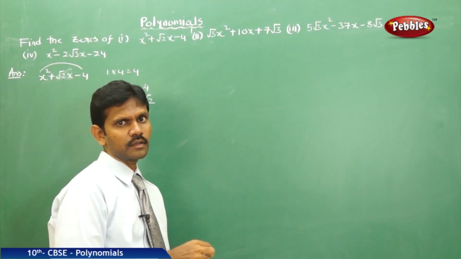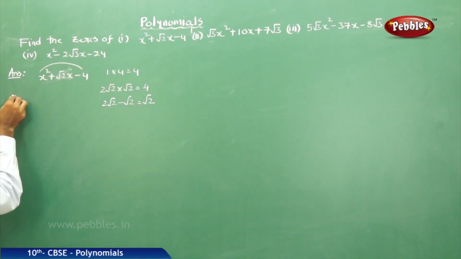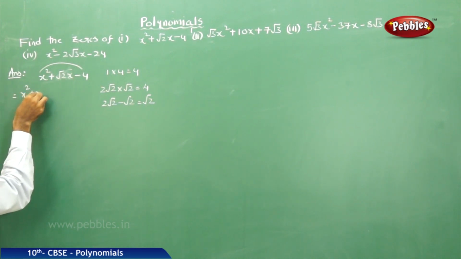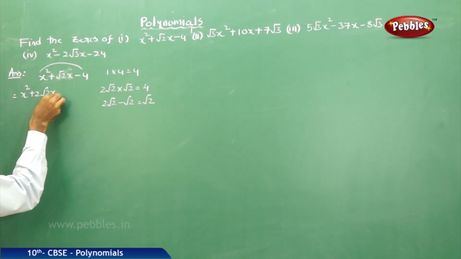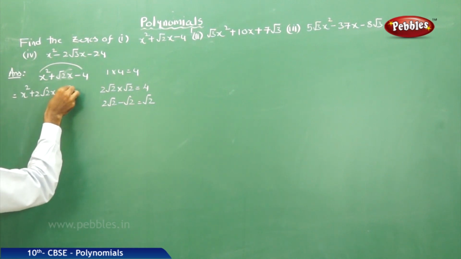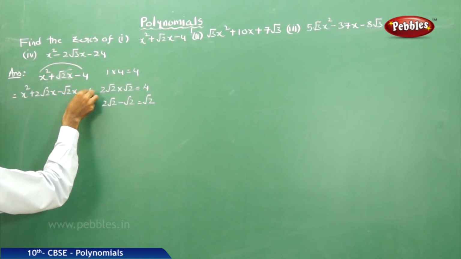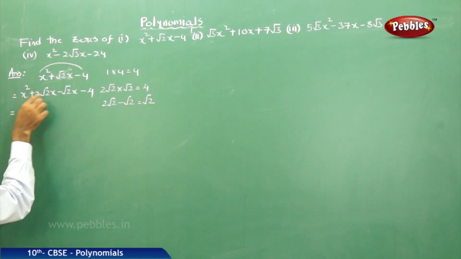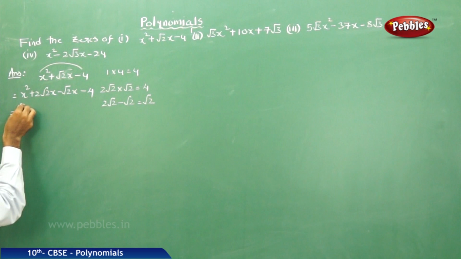I got my middle term. Now arrange these in order, that is x square plus 2 root 2x minus root 2x minus 4, that is equal to, from these two terms take x common.